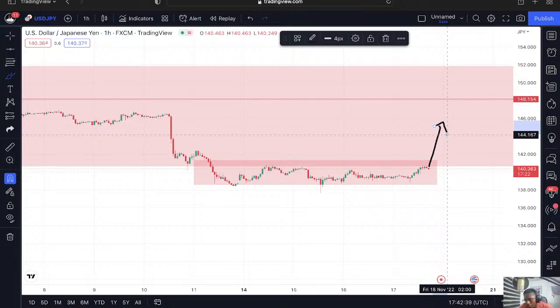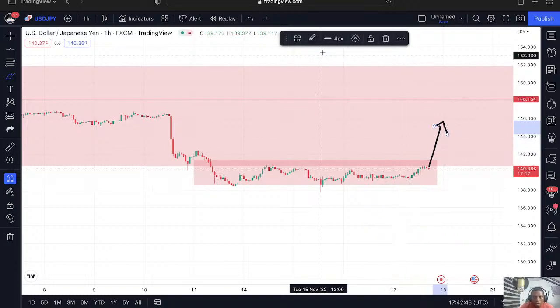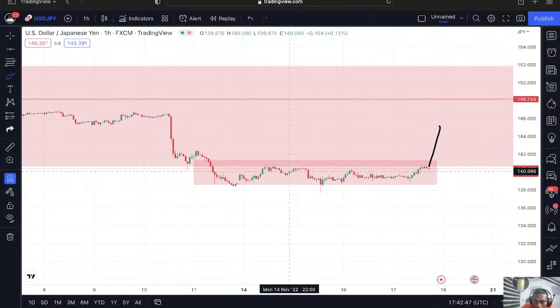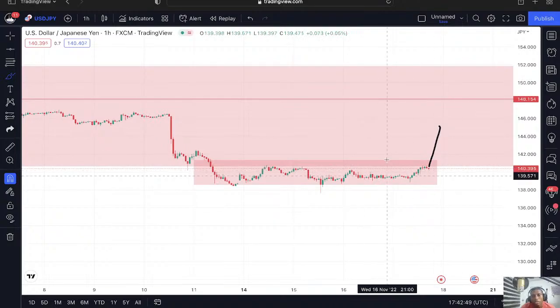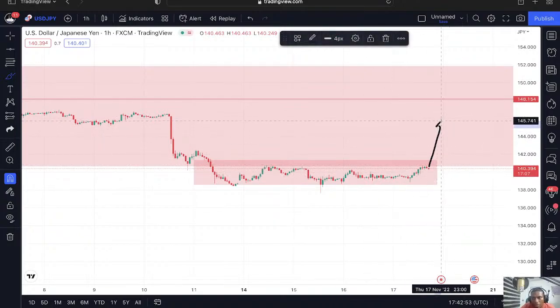As you can see, because price is lingering so much on this level, we are seeing a potential peak in price.